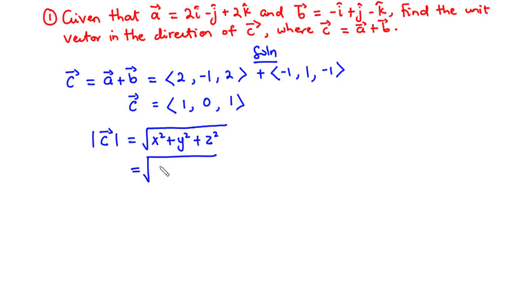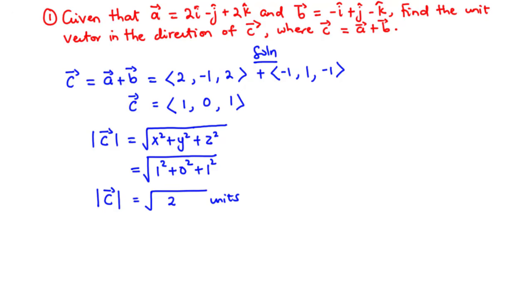So we have the square root of, now x is 1, so 1 squared plus y, 0 squared plus z, 1 squared. Now let's simplify this. 1 squared is 1, plus 0 squared is still 1, plus 1 squared is 2. So we have the square root of 2. Therefore, the magnitude of vector C is equal to the square root of 2 units.